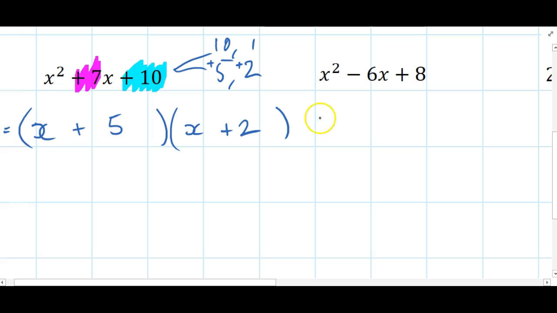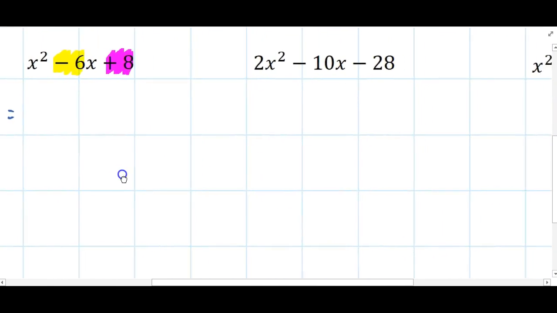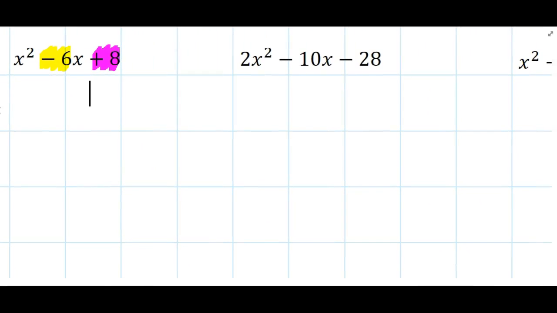The second example is a little bit trickier because it's got a negative middle term, the negative 6. We're looking at factors of positive 8 that add up to negative 6. Once you get going on these, you can think ahead and try to estimate what they should be, but until then, try listing out the factors. Factors of 8 are 1 and 8, 4 and 2, 2 and 4.